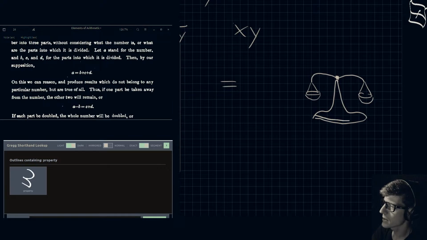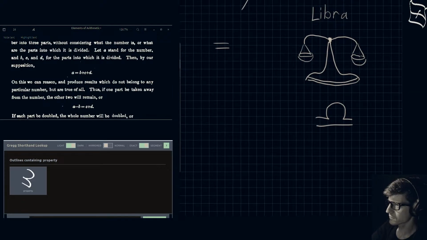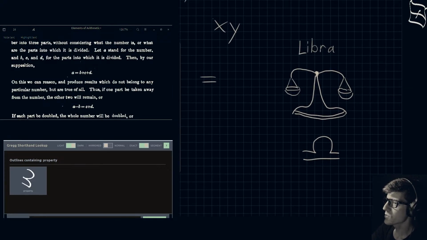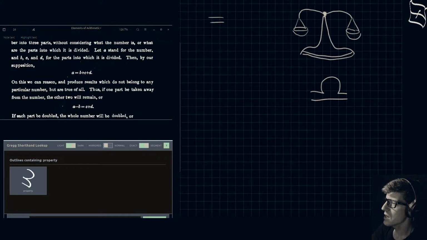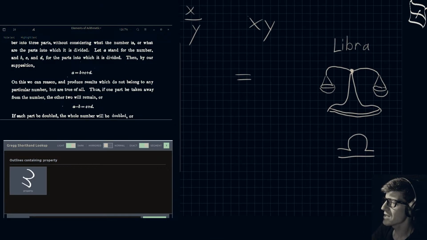This is also called a Libra, right? Libra is scales, which is why it's one of the zodiac signs. You probably have seen this before. That one would be symbolizing the Libra, or the scale. Okay? That is what the equal symbol is. The equal symbol is a Libra.